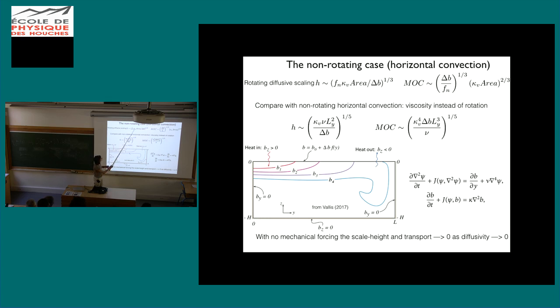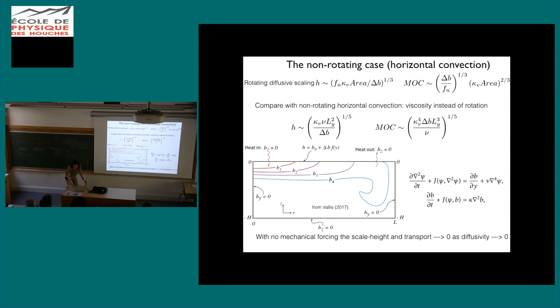So here you see there's a dependence on f, whereas there it's a dependence on viscosity. And the overturning then goes like the diffusivity to the 4/5. So for fixed Prandtl number, where kappa over nu is fixed, it would go like the diffusivity to the 3/5. So a different scaling power, but it still goes to 0 as the diffusivity goes to 0.